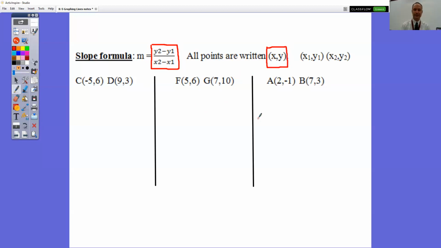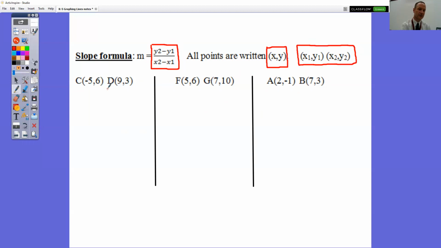So inside the parentheses, the first number is your x, the second number is your y. When you go to do these problems on this page, remember that all points are written x comma y. Whatever your first point is, those get ones. Whatever your second point is, those get twos.